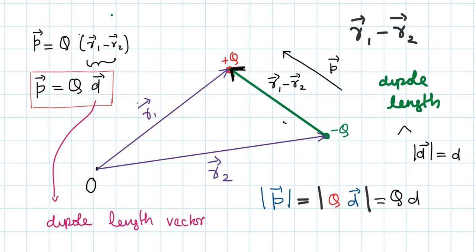So the electric dipole moment magnitude is nothing but the magnitude of the charge on one of the charges times the dipole length of the electric dipole.